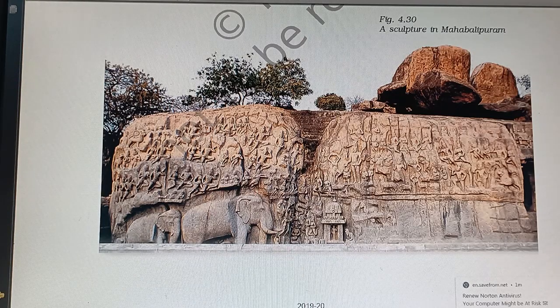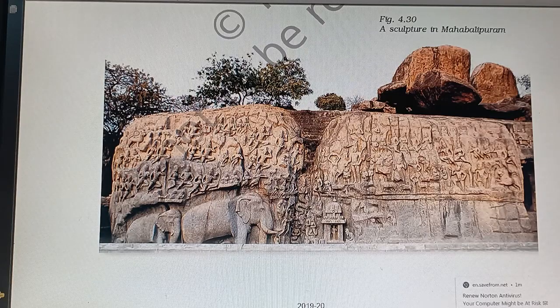Here you see this image, children: Arjuna doing penance on the river bank in order to acquire a boon. So this is how we have seen that different interpretations have been put forward for this sculpture in Tamil Nadu.